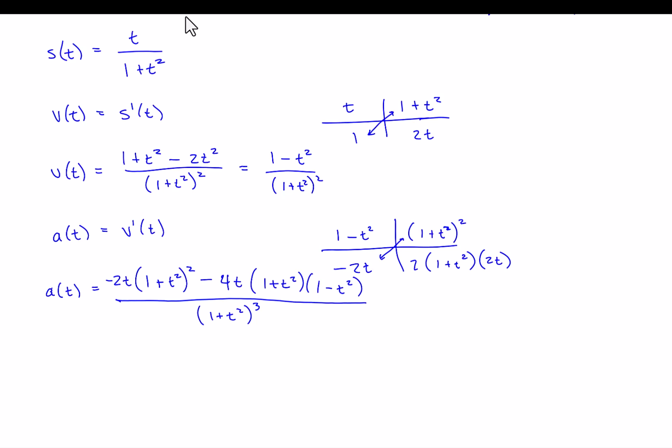Okay. So looking at this, I can see in the numerator there's some common factors. So clearly I have a negative 2t as a common factor I could pull out. There's also a common factor of 1 plus t squared.